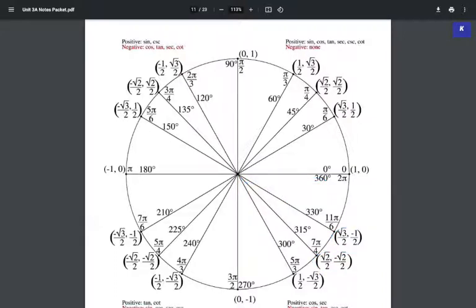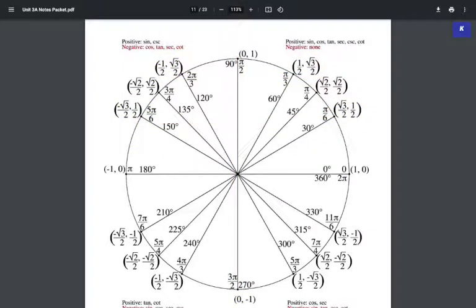Some other things to consider is if you were to reflect over this y-axis right here, like this point and this point, they're equal distance to that y-axis, so that's a reflection. Well, those ordered pairs match each other. The only thing that's different is the sign of the x's have changed. Here, these ordered pairs match each other. Again, the only thing that's different is their signs have changed.